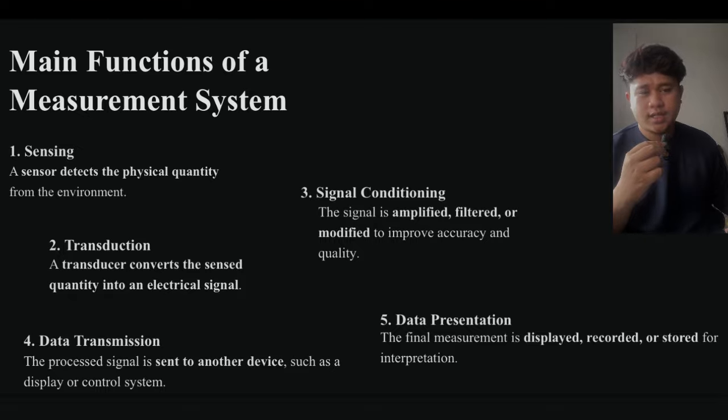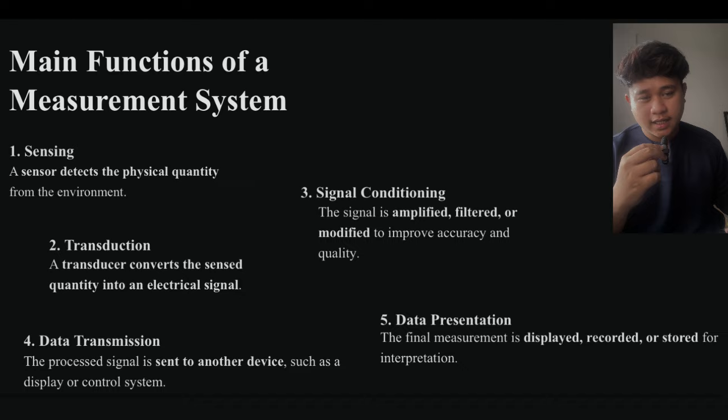The third one, signal conditioning. The electrical signal may be weak or noisy, so it needs amplification, filtering, or modification to improve accuracy. Next, data transmission. The processed signal is sent to a display or control system, either via wires or wirelessly.